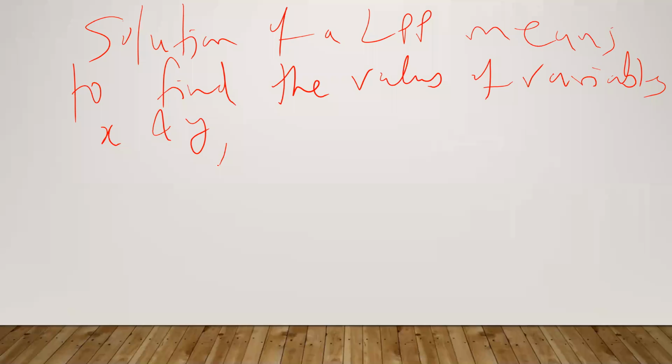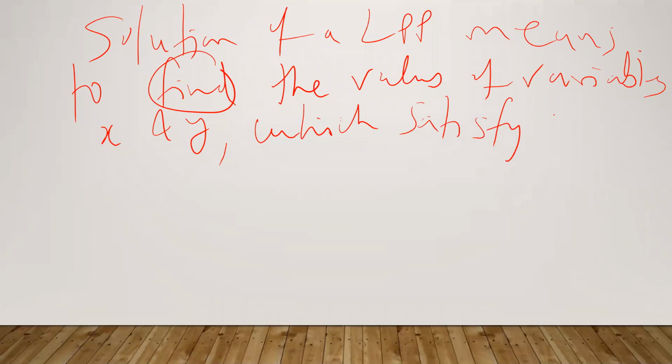In the simplex method you may have more than 2 variables. So solution of a linear programming problem means to find the values of variables x and y which satisfy the given constraints.